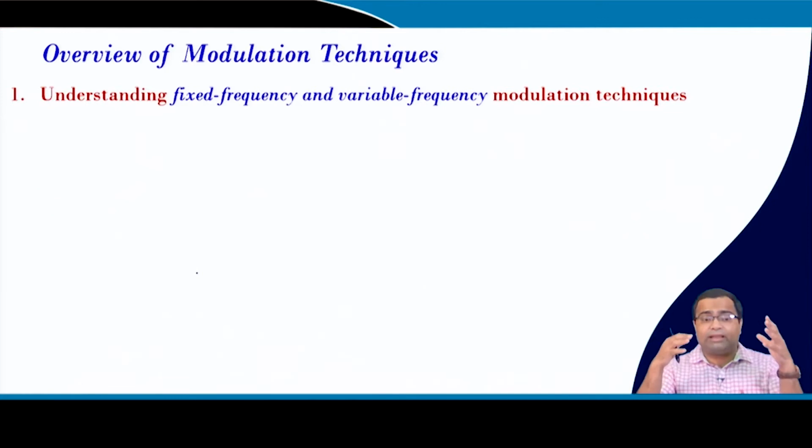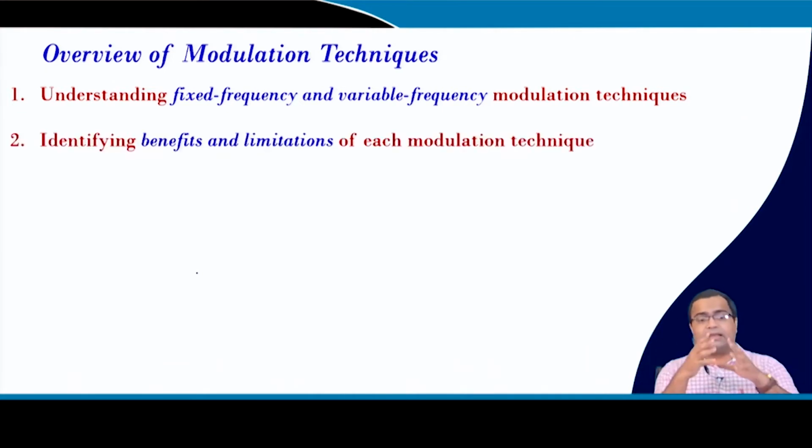So, we have gone in depth into modulation techniques. In fact, I would say the first two weeks, first week and second week, were completely modulation techniques, and there we understood fixed frequency and variable frequency modulation techniques. Then throughout the course we have understood the benefits as well as the limitations of each modulation technique.